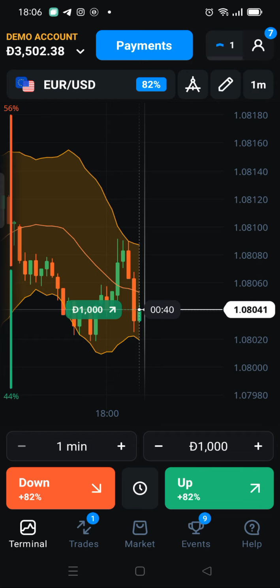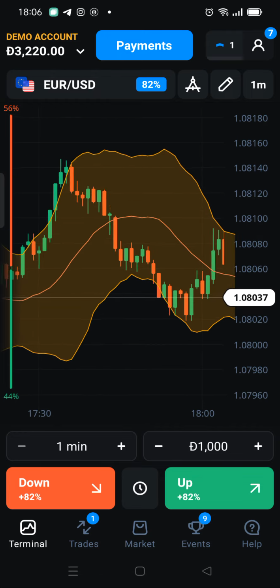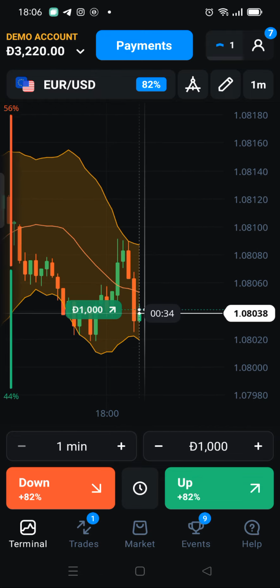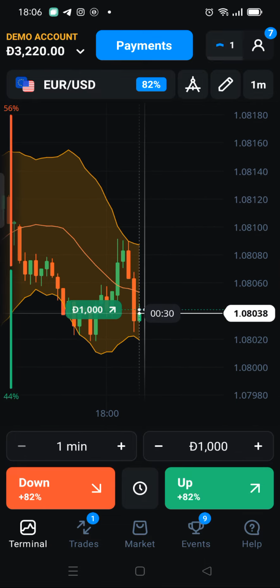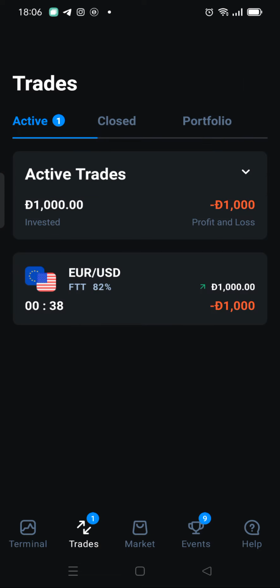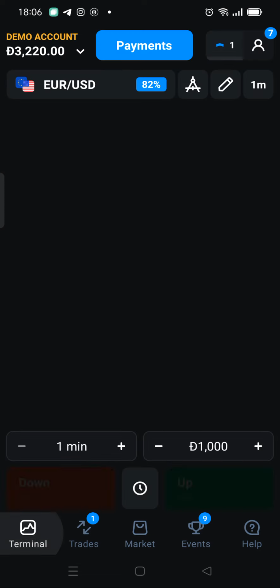So again we do buy, because my thought is the next candle is buy. So let's see. We have only 35 seconds.